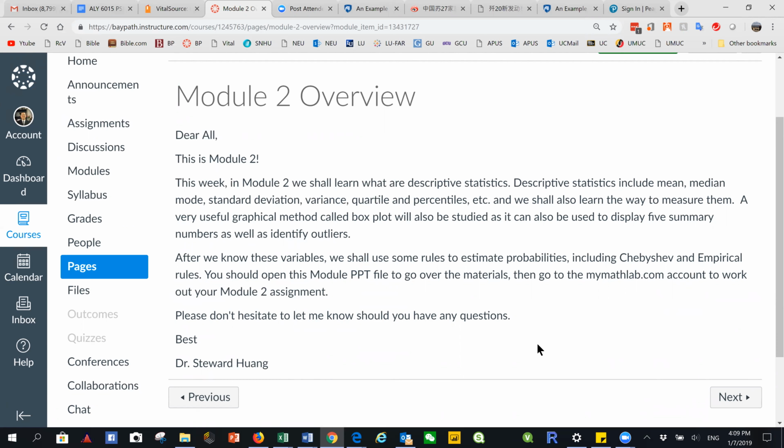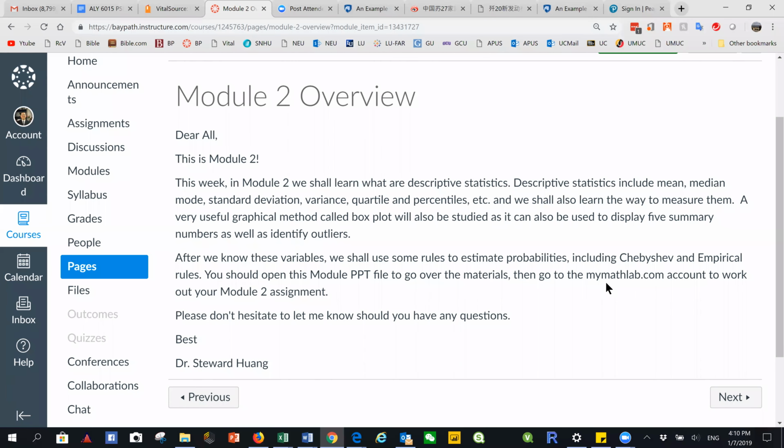We use these on a day-to-day basis: average speed, the median, ranking, the percentile, and so on and so forth, in every aspect of our daily life.